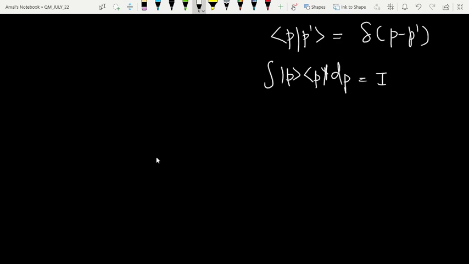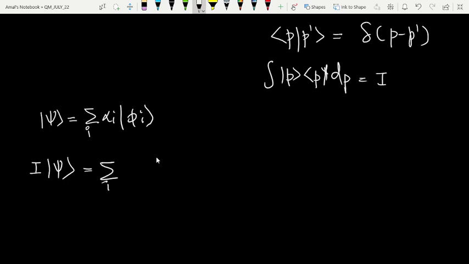For example, in the discrete case, we were expanding this vector using the basis vectors phi i. So how did we get this relation? First we took psi and then multiplied it with I. Then we substituted that I, sigma i, phi i, phi i. Then this inner product I am just calling alpha i.